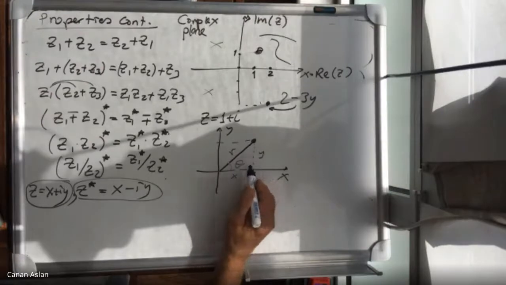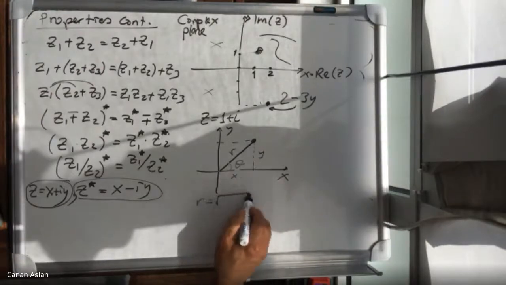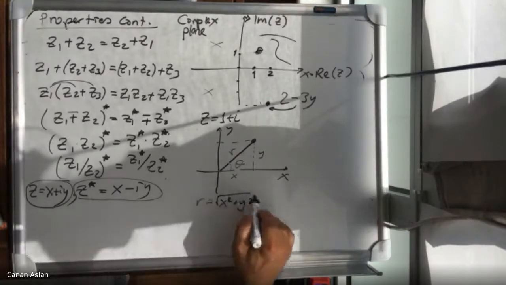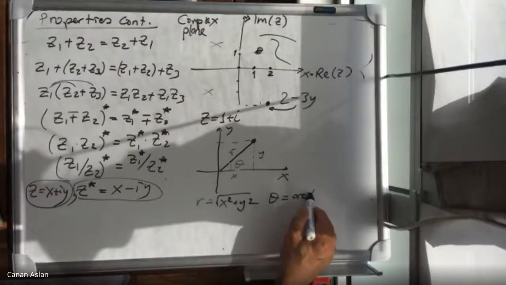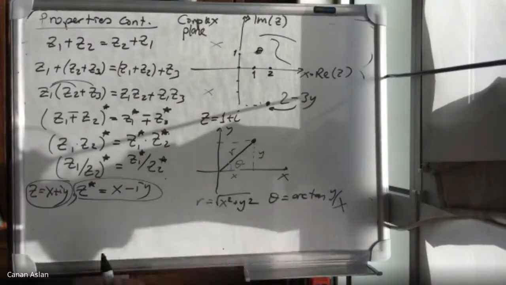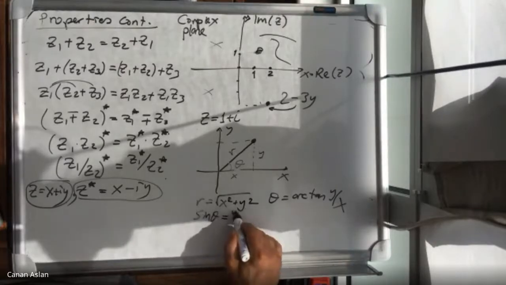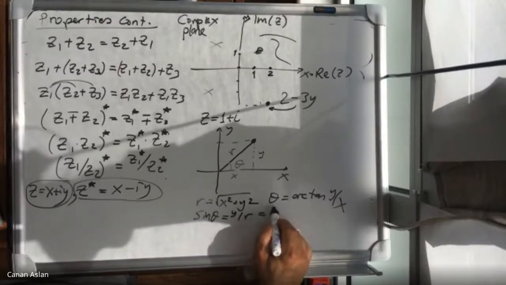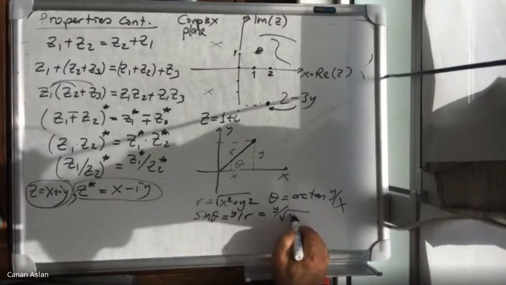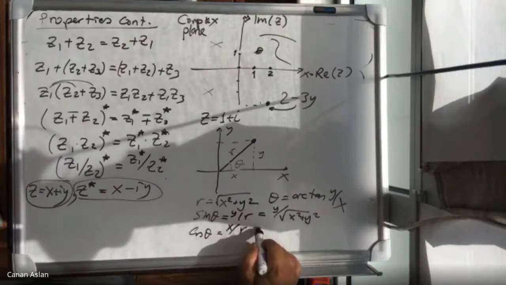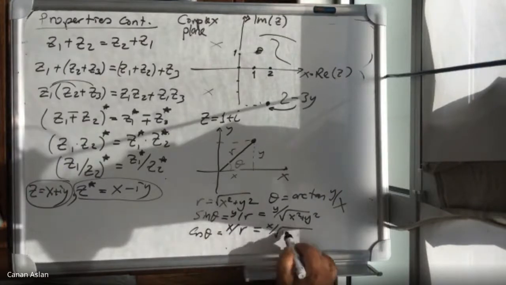So r here is just the square root of x squared plus y squared, and theta equals arc tangent y over x. And sine theta is nothing but y over r, which is y over the square root of x squared plus y squared, because this is the hypotenuse of this triangle. Cosine theta is given as x over r, which is just x over the square root of x squared plus y squared.